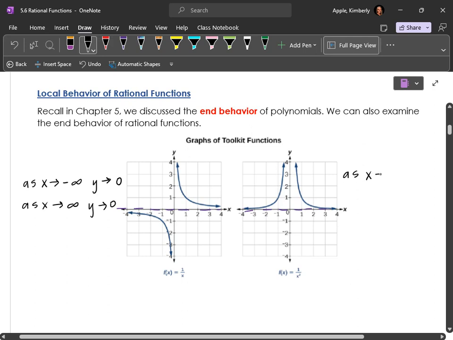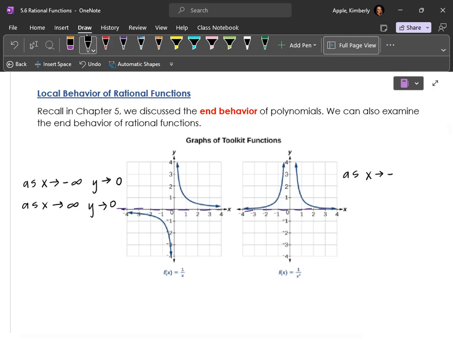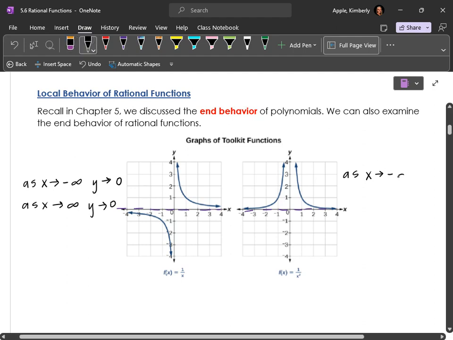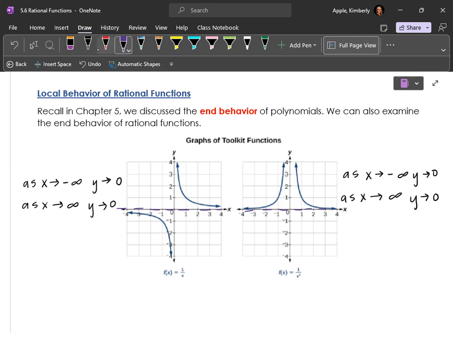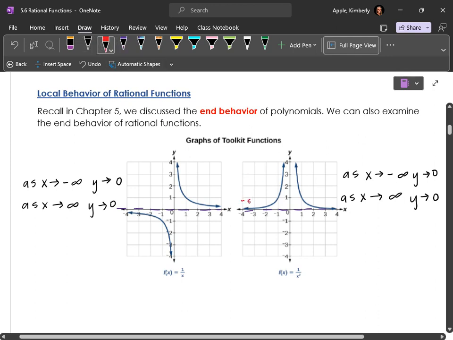As x approaches negative infinity, y again approaches 0, and as x approaches positive infinity on the right-hand side, y is again approaching 0. Just as a reminder, negative infinity and positive infinity are horizontal, and vertically, we're talking about that y value.